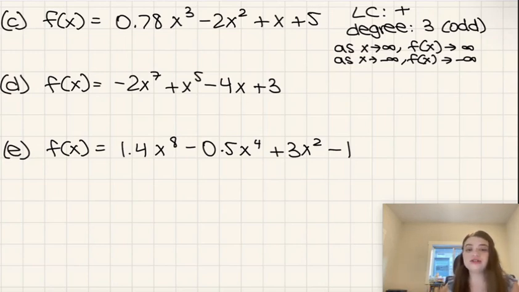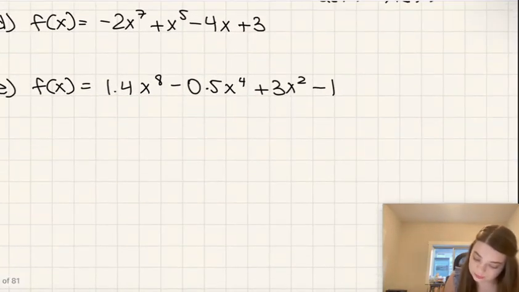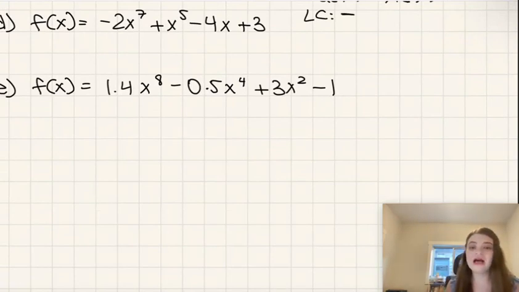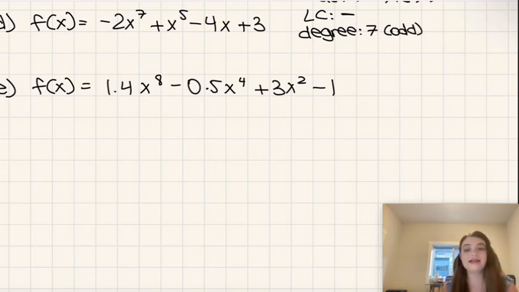All right, let's try D. For D, our leading coefficient is -2, so the sign of our leading coefficient is negative. The degree is 7, and that is odd. And so this is going to have the same end behavior as a line, because a line is also in the odd category that slopes downwards.